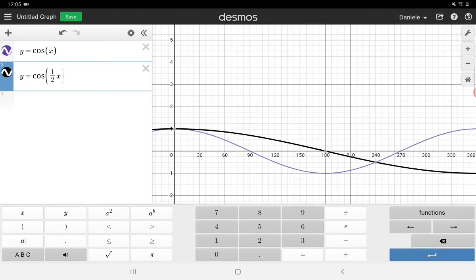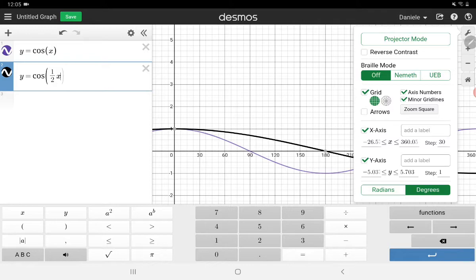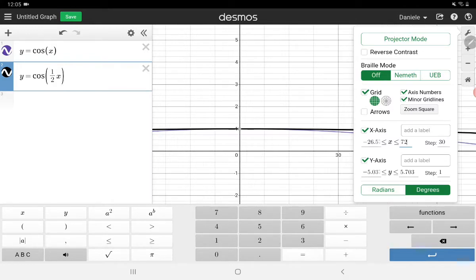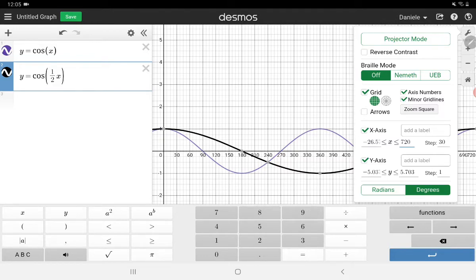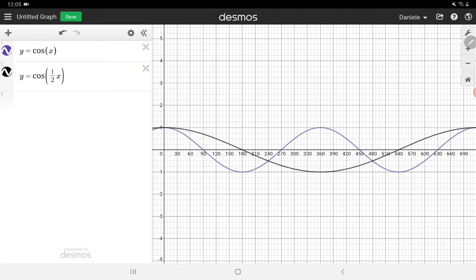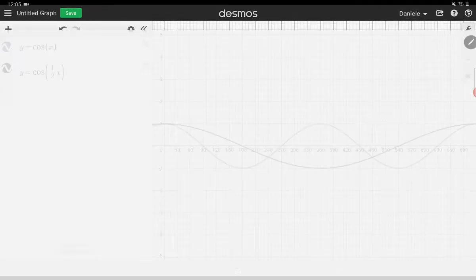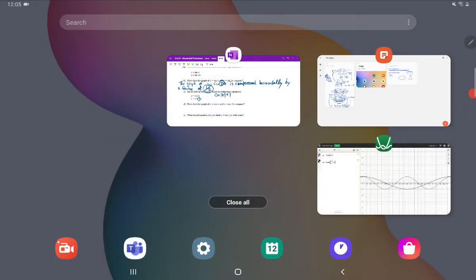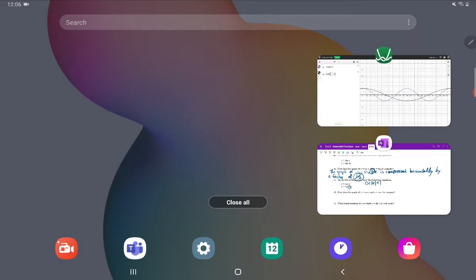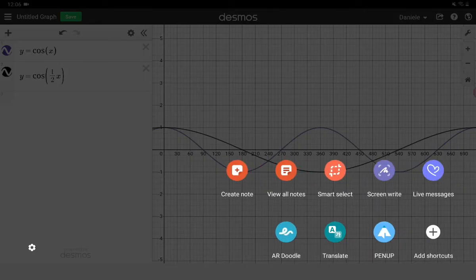Take a look at what has happened here. I actually have to expand my window and expand this out to 720 to see what's really happening, because that's now how long one of my cycles is taking. Let's do a quick screenshot here. Sorry about that.